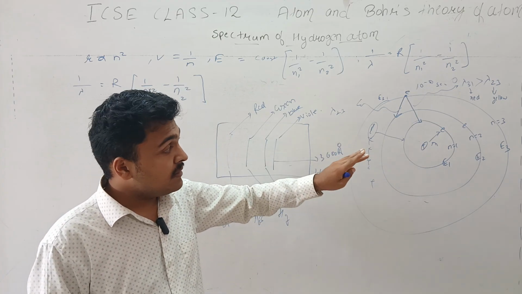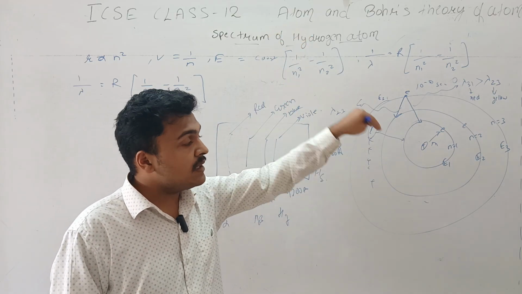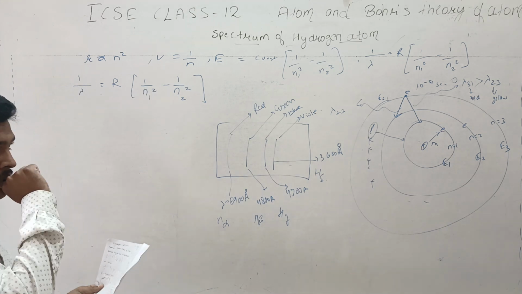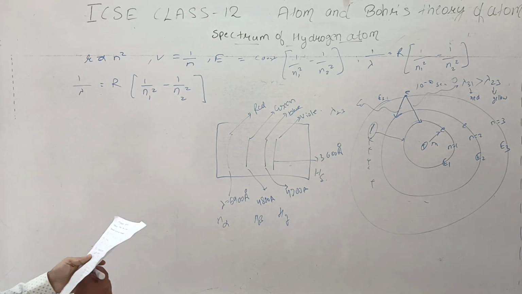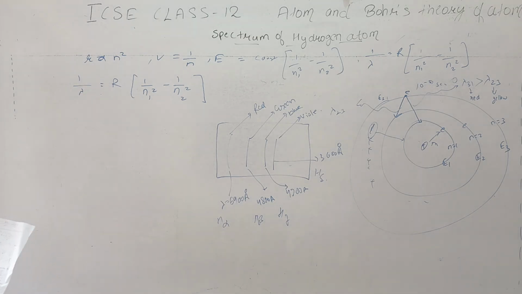So according to which lower level the electron will come to from the higher level, we have certain series.